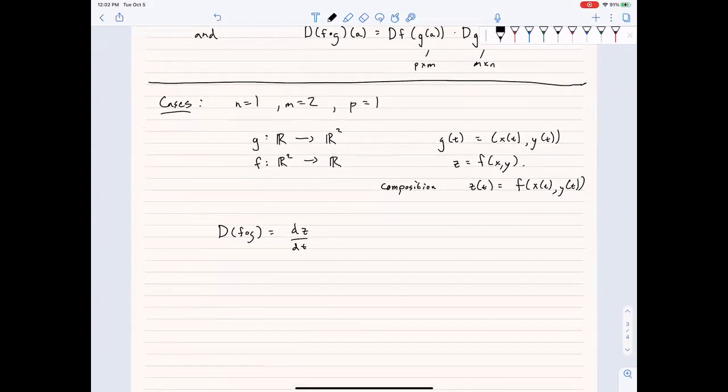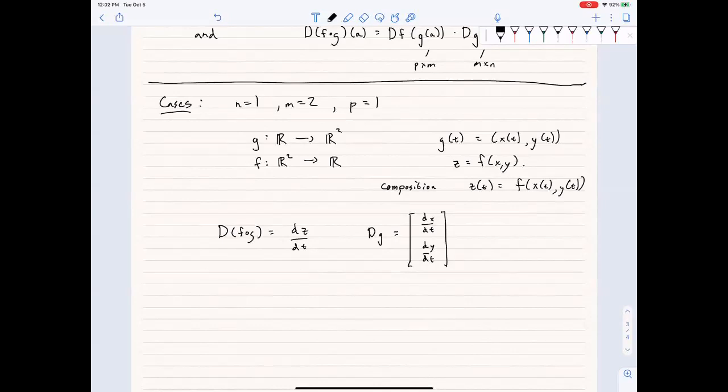On the other hand, what are the total derivatives of g and of f? dg has two functions and one variable in the domain, so we get a 2-by-1 matrix for the total derivative: dx dt and, since there's only one variable, the ordinary derivative dy dt.